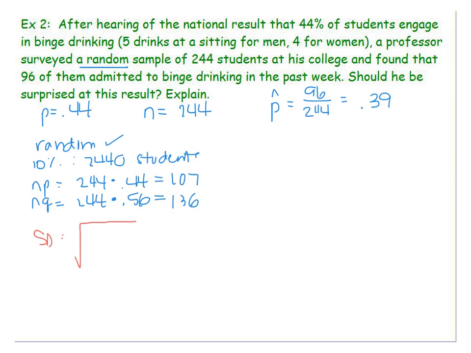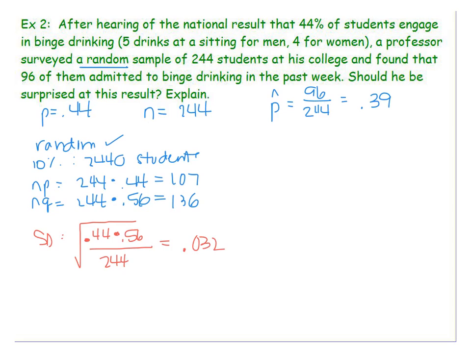All right, so that was the big square root. It has P, which is 0.44, times Q, which is 0.56, divided by your sample size, which is 244. So if you type that in the calculator, and again I said I want two non-zero digits. This one starts off with 0.0, so the next two are 3 and 2.